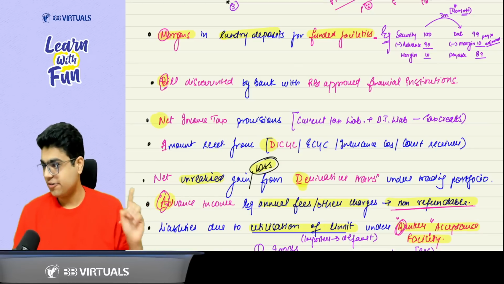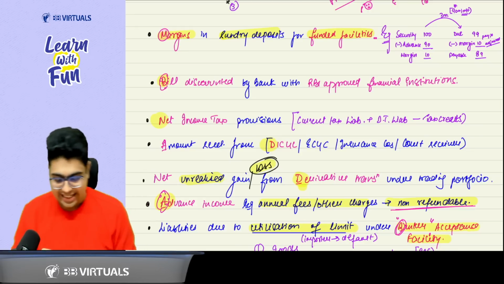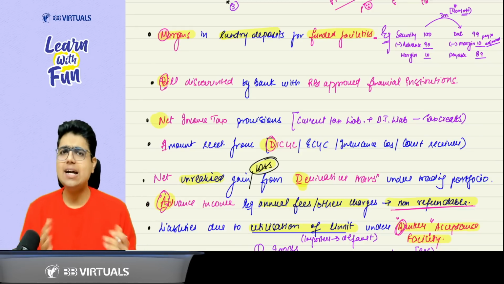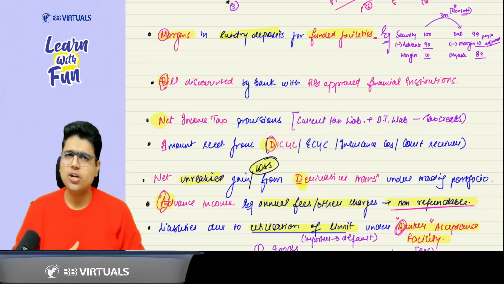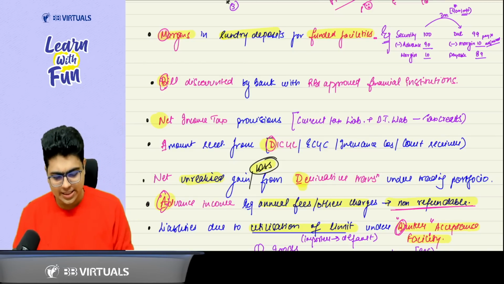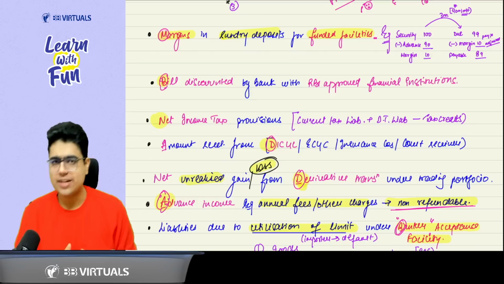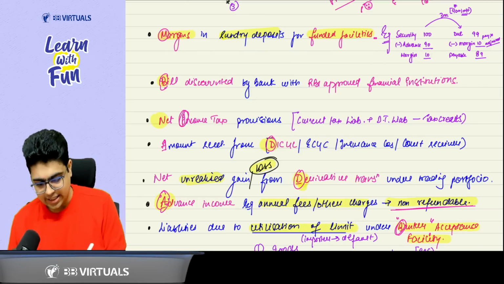Remember, this is not refundable. DDI: D means DICGC. Any amount received from DICGC, ECGC, or an insurance company or court receiver is not a part of liability. The second D is derivative transaction unrealized loss, and I for net income tax.